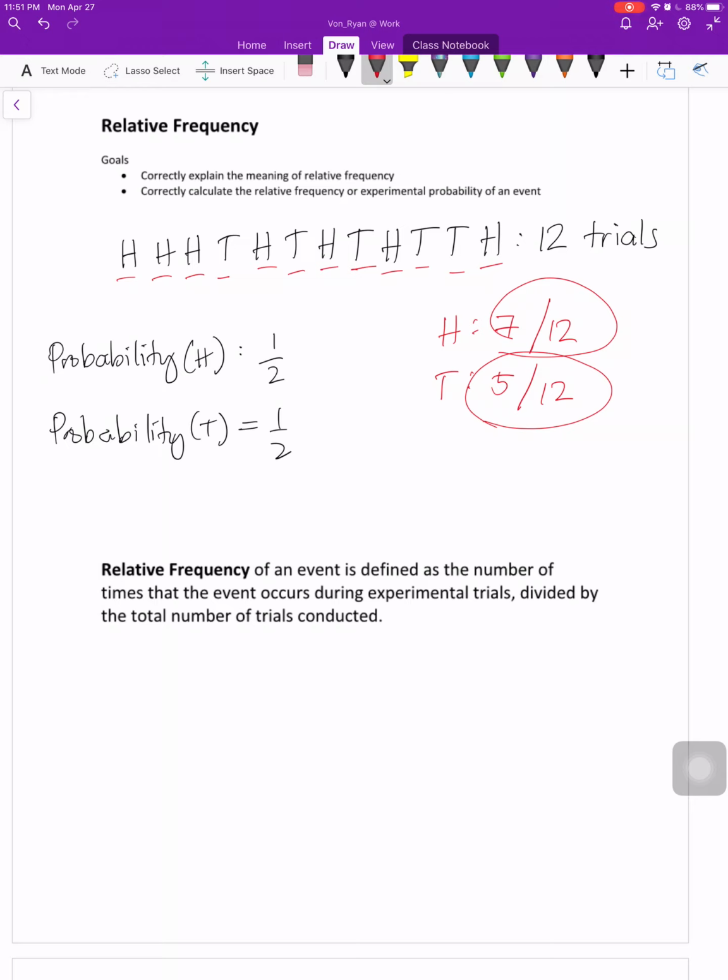Now, if we do it enough times, we would get closer and closer to the probability of getting heads or tails for a single coin toss. The value of the number of heads divided by the number of tosses, or the number of tails divided by the number of tosses, is called the experimental probability.